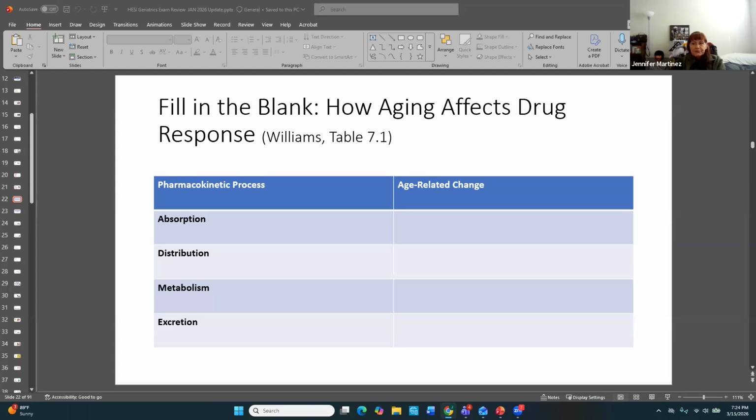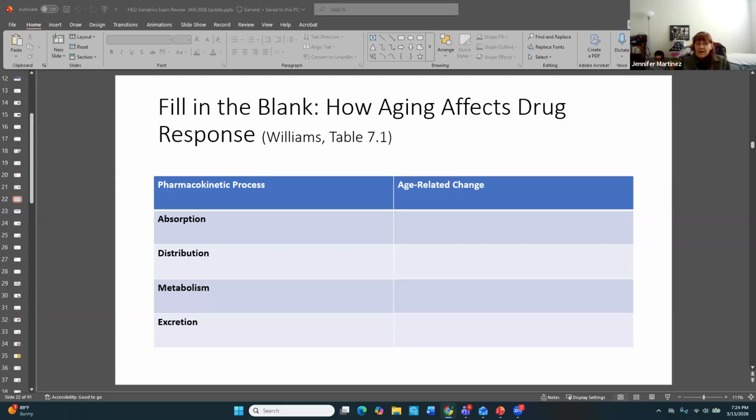So when we look at oral meds, most of the medications that we give to older adults are going to be taken orally, and so they have to pass through the liver first. Remember, that's the first pass effect, which reduces the drug concentration.